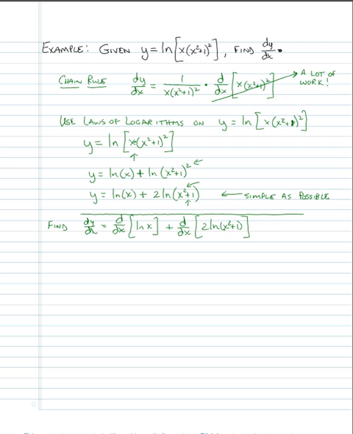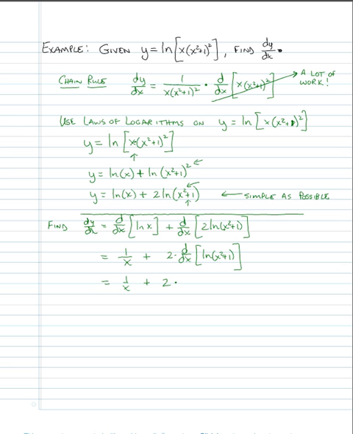Now, in the first case, the derivative of the natural log of x is just 1 over x, isn't it? In the second case, we have that 2 that's being multiplied with the function. And so we really have 2 times the derivative of the natural log of x squared plus 1. Now, to find that derivative, here's our 2 out here.